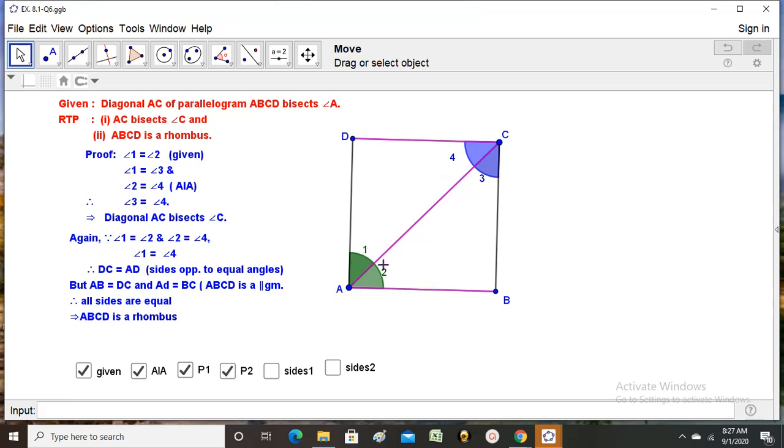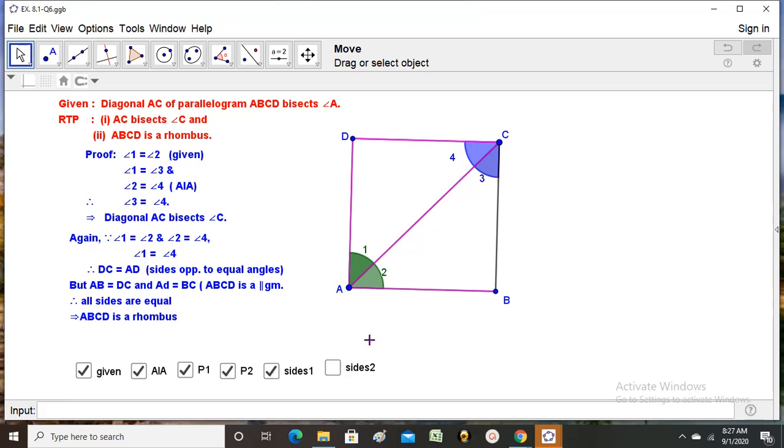Angle 1 and 2 are equal, that is given. We proved that 2 and 4 are equal because they are a pair of alternate interior angles. 1, 2 are equal, 2, 4 are equal. Therefore, 1 and 4 are equal. That can be understood easily. When 1 and 4 are equal, sides opposite to the angle 4 and angle 1 are equal. You can check these sides. This side and that side. AD is equal to DC.